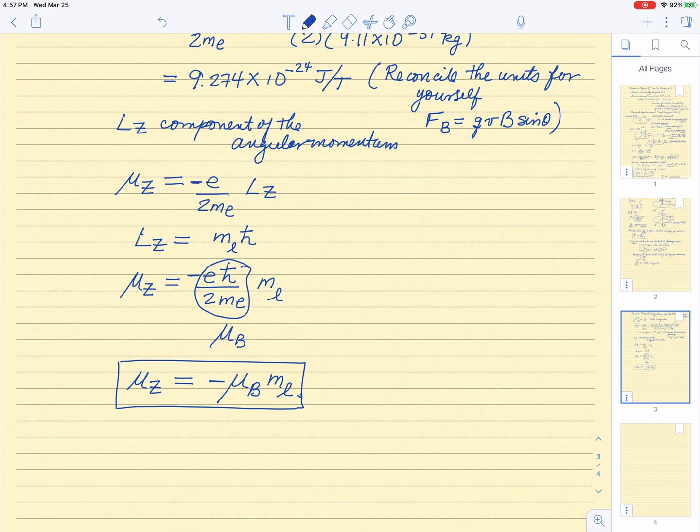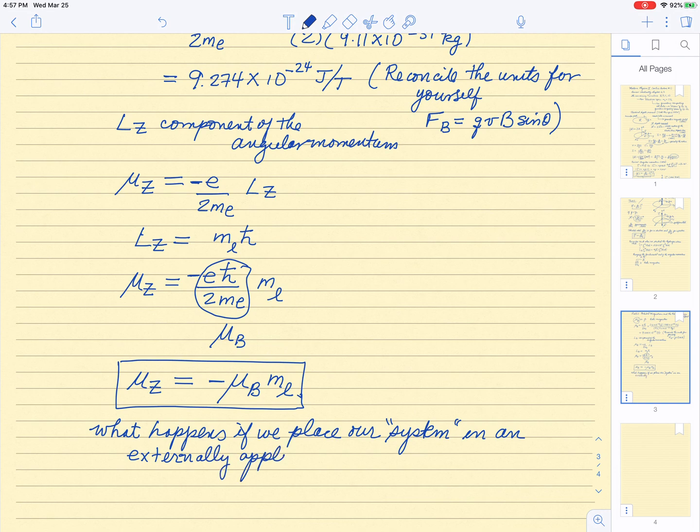So now the question is, what happens if we place our system, and that system will be defined by some other context later, in an externally applied magnetic field?